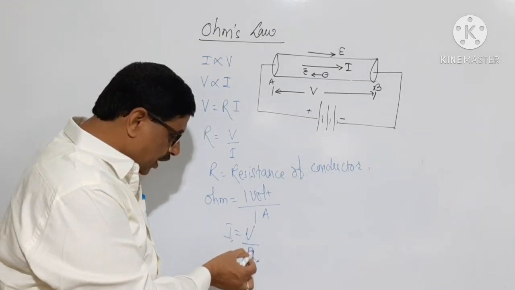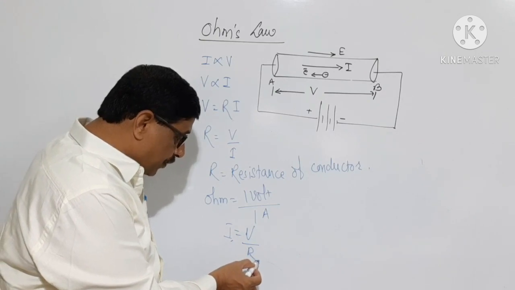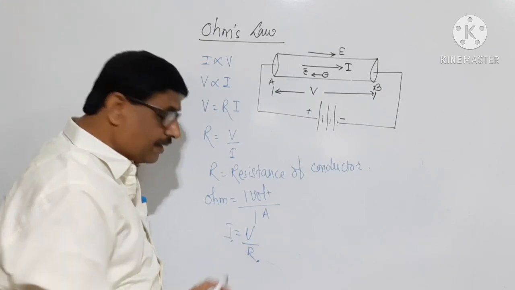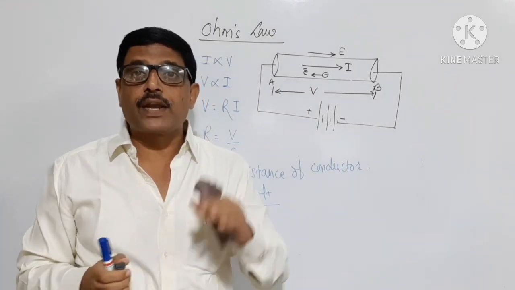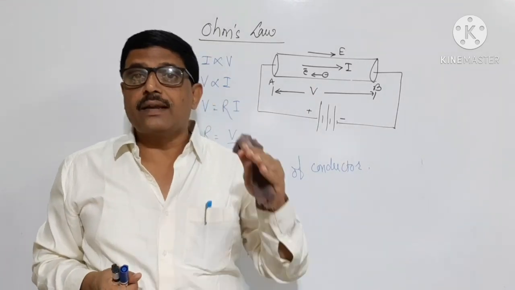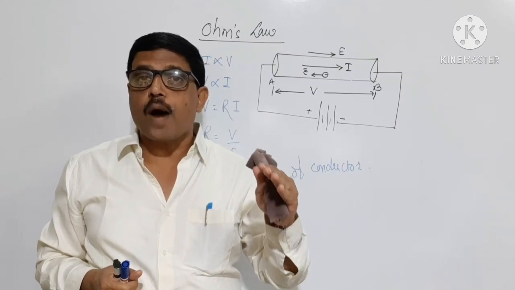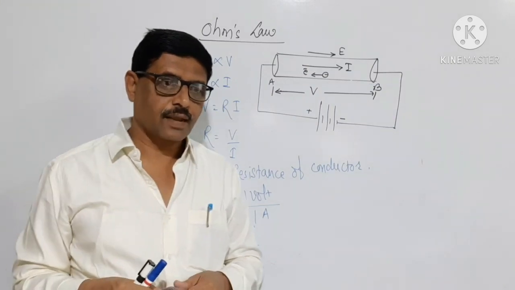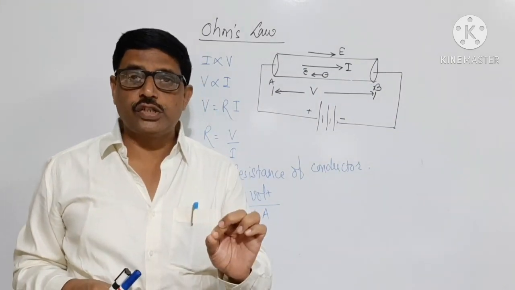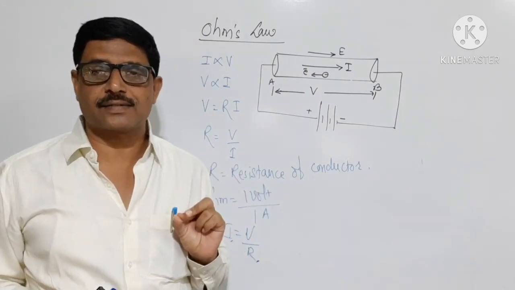For a given potential difference, more is the value of resistance, less will be the current. Therefore, resistance is the property because of which the conductor is able to oppose the flow of current. Opposition to the flow of current is the resistance.